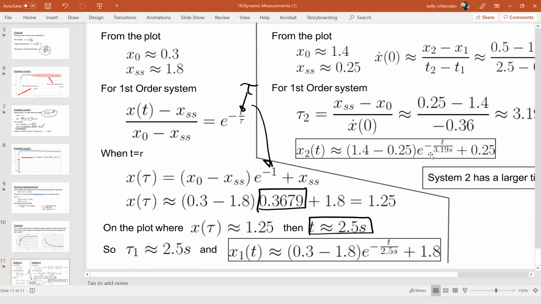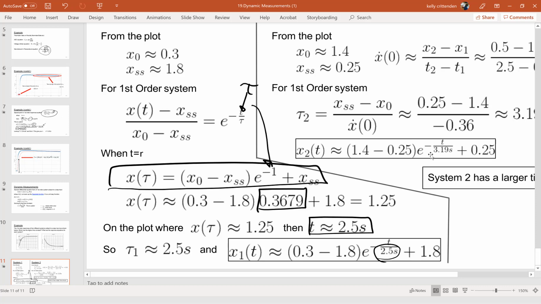And then you can go in now, and this is basically this equation with the t back in it instead of tau. Except now you know what tau is, so you can put in tau is 2.5 and return all of the t variables to just t. And now you have an equation that you could graph, the one in the box at the bottom.